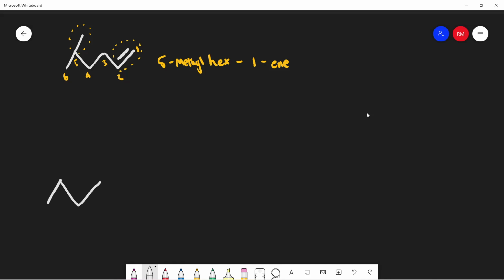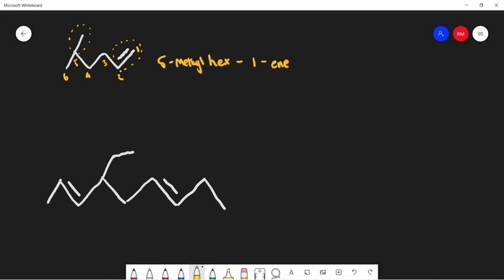So let's think about one more here. Let's maybe do a slightly longer one. We'll put in some more. We'll put in a double bond now. And should we put in another double bond? Doesn't really matter. There we go.